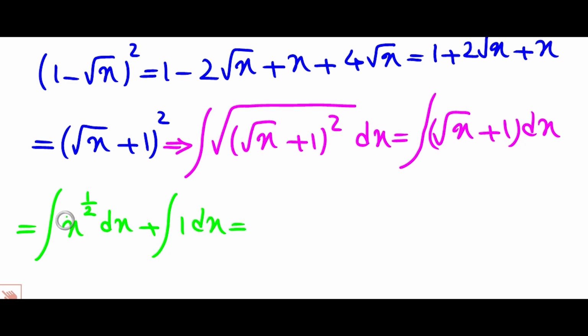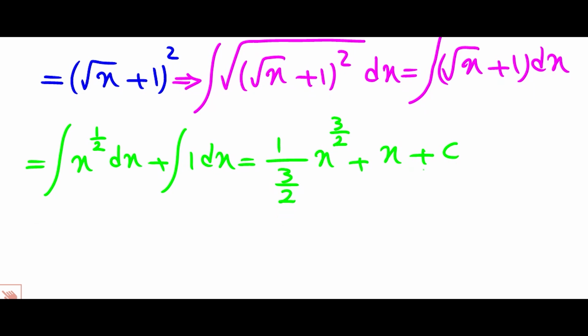If we use the power rule, 1 over (1/2 plus 1) equals 3 over 2, x to the power of 3 over 2, plus the integral of 1 equals x plus c, or 1 over 3 over 2 equals 2 over 3, x to the power of 3 over 2, plus x plus c.